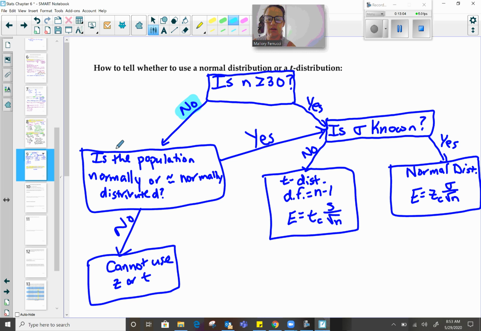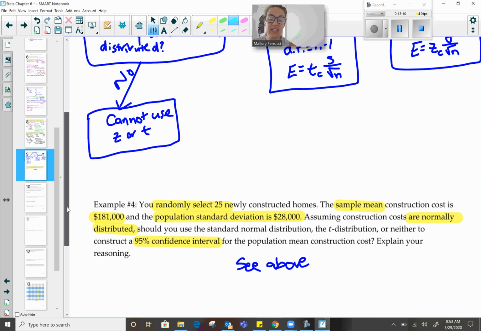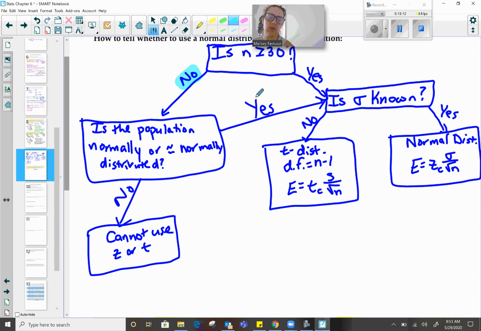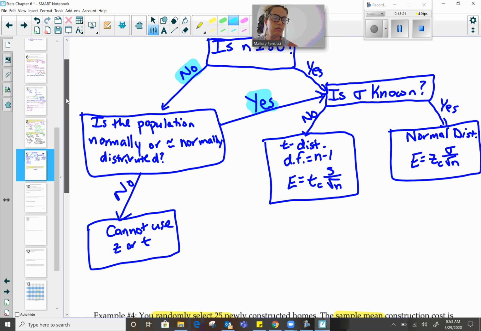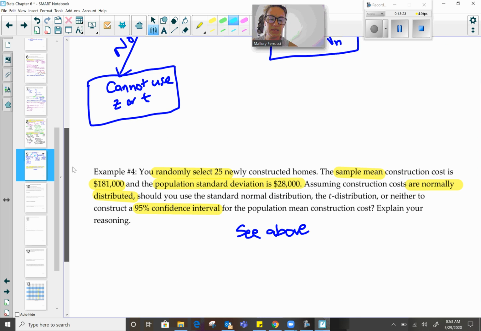Okay, so then we have to ask ourselves this question. Is the population normally or approximately normally distributed? It says that they are normally distributed, so we would go to yes, which means we ask ourselves, is sigma known? So do we have the population standard deviation?